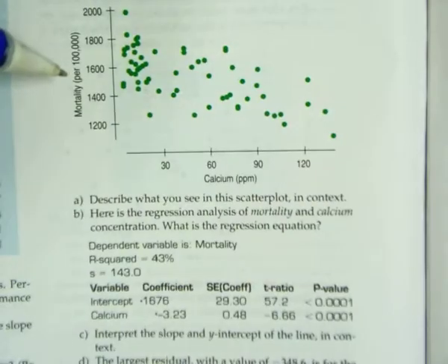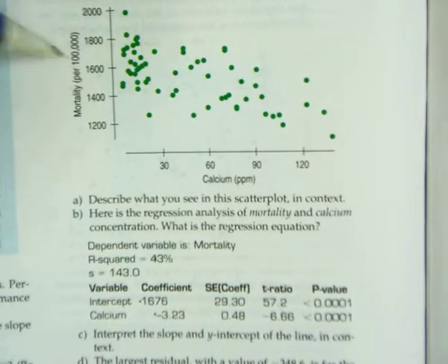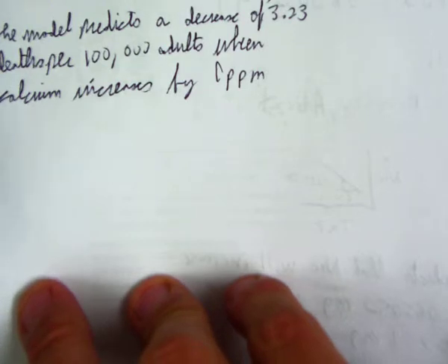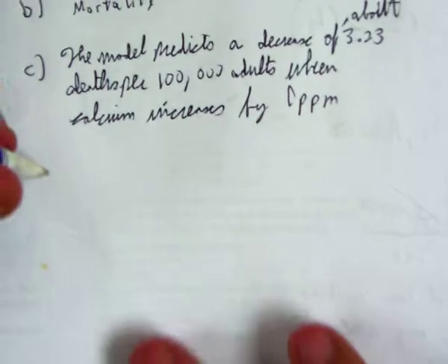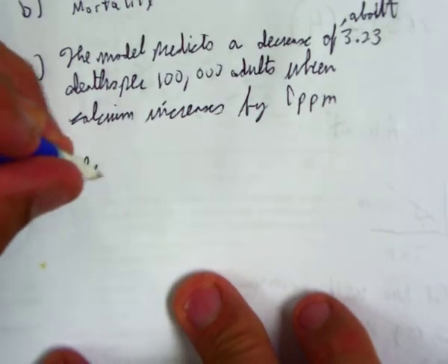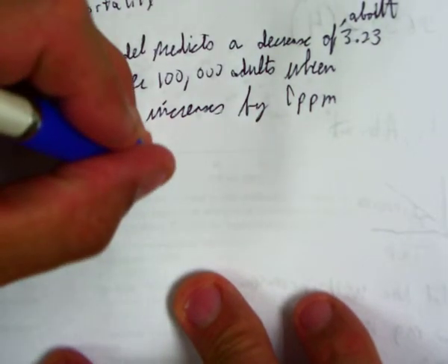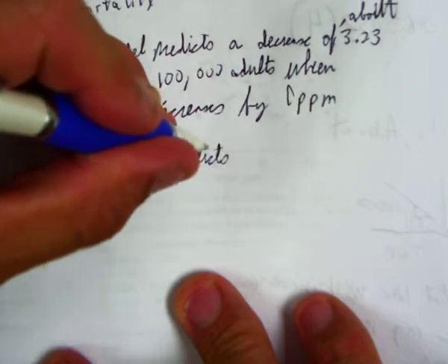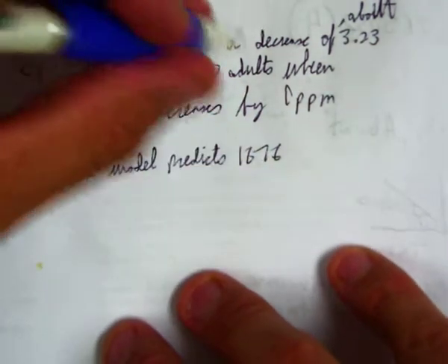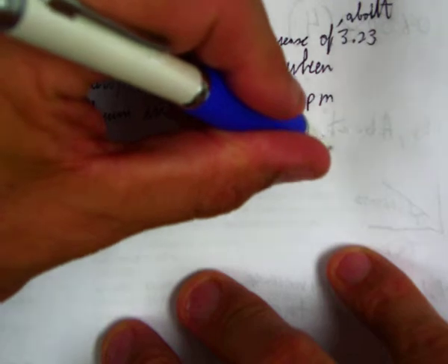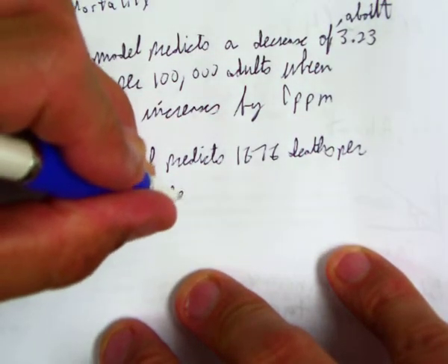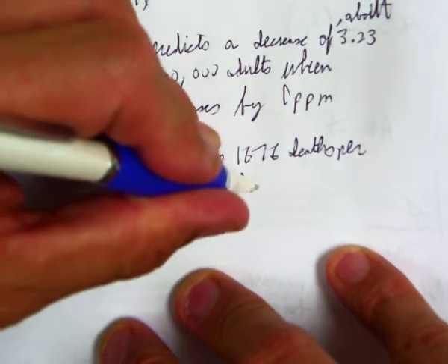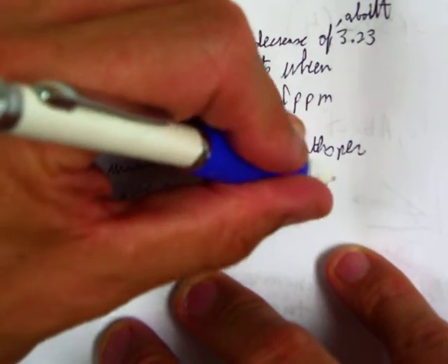When you look at the graph, don't forget this is in per 100,000. You've got to have that in your explanation. So what about the y-intercept? The model predicts 1,676 deaths per 100,000 people when there is no calcium in the water.